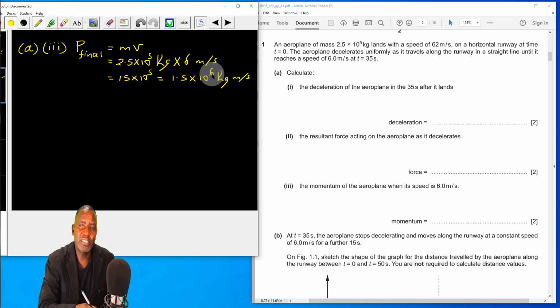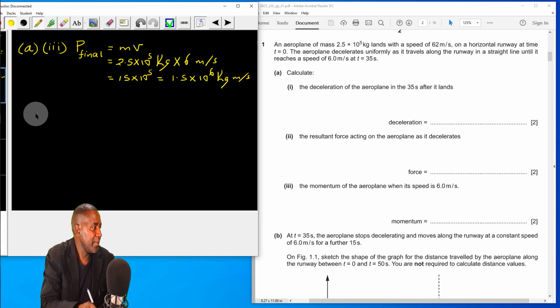Elsewhere, we have seen that the unit of momentum can also be Newton seconds. Remember, momentum is a vector quantity, so the direction of this final momentum is to the right, because the plane is still moving to the right.